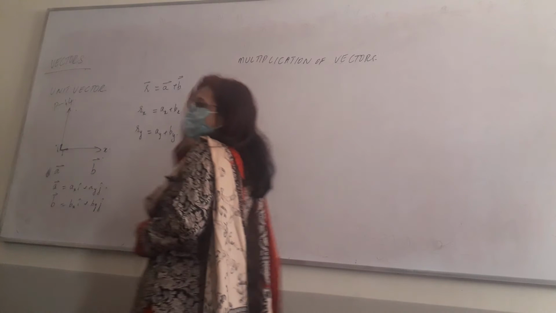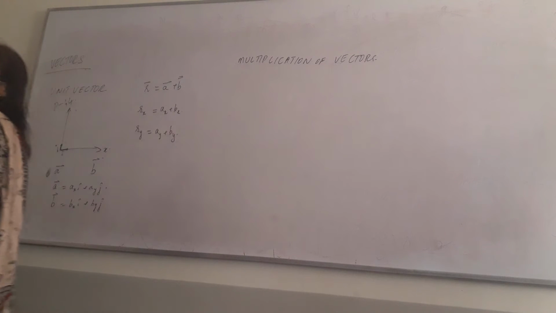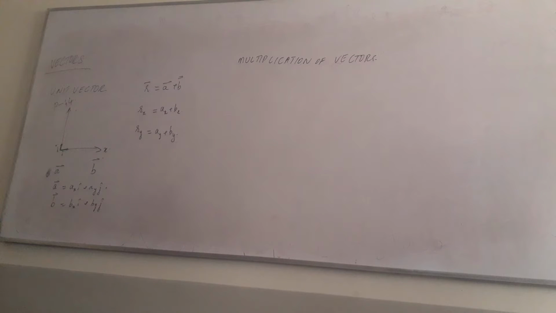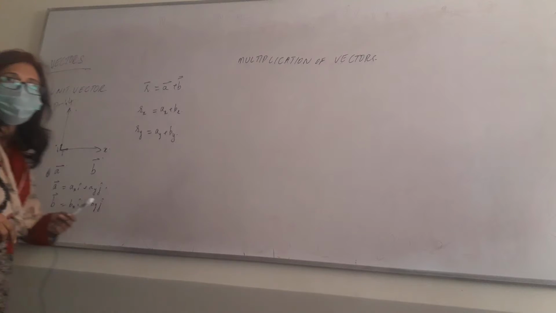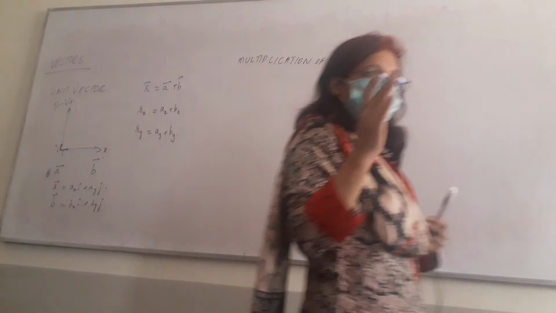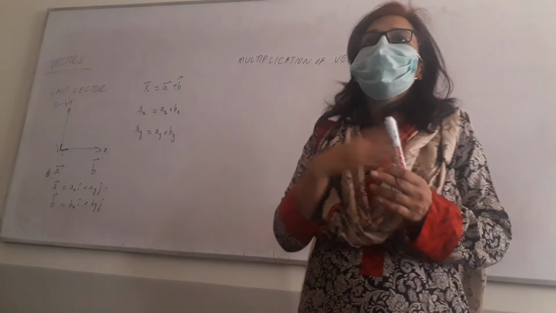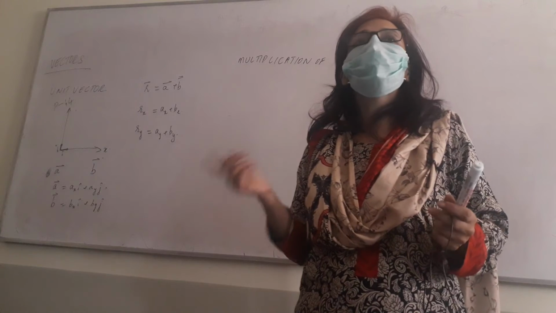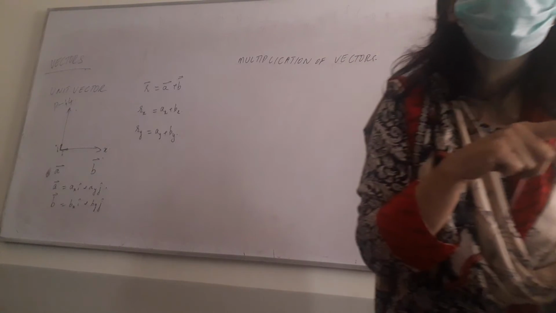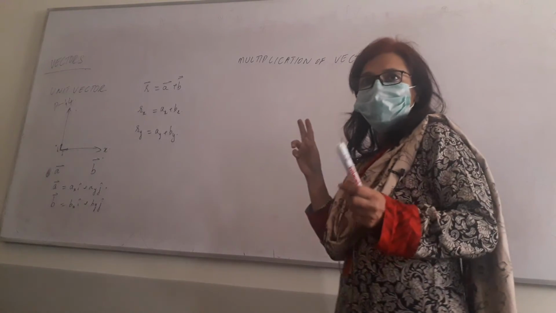One is you multiply a vector by a scalar. That's very simple, just like ordinary multiplication. For example, multiplying a vector a by a number 2, which is a scalar, is a simple multiplication. But if you are multiplying a vector by a vector, there are two ways of doing it.